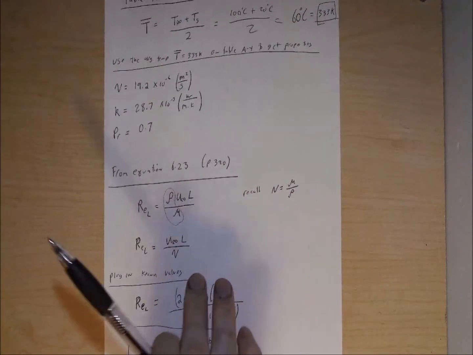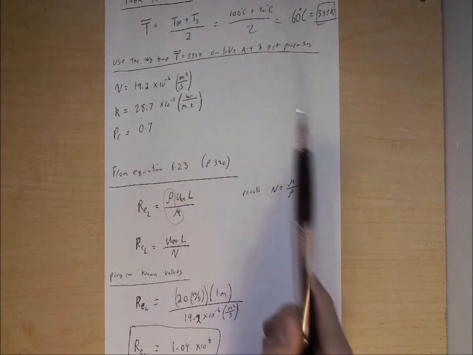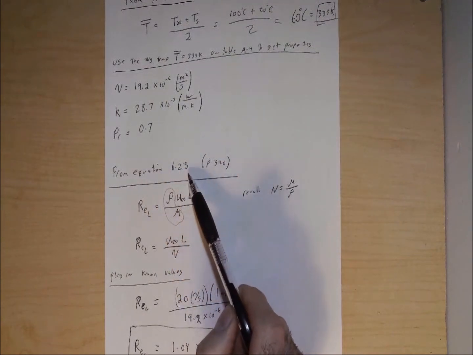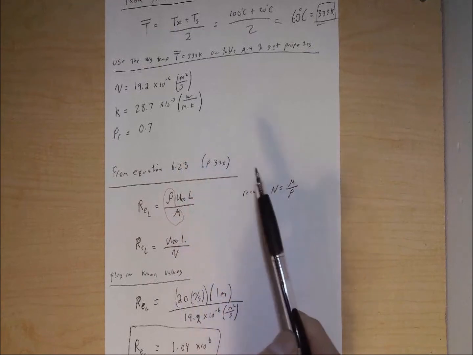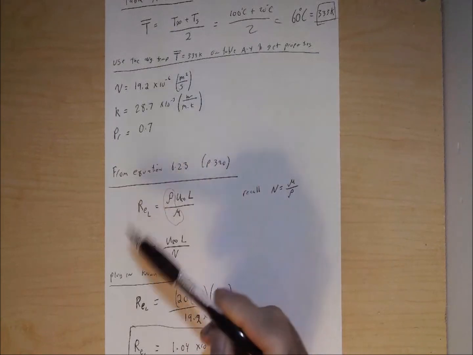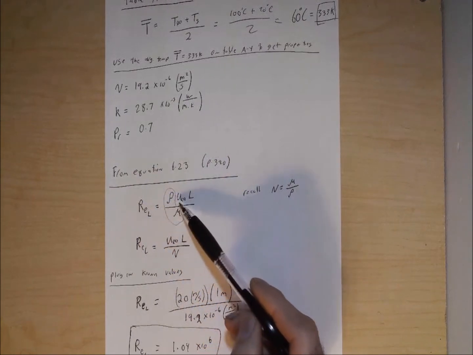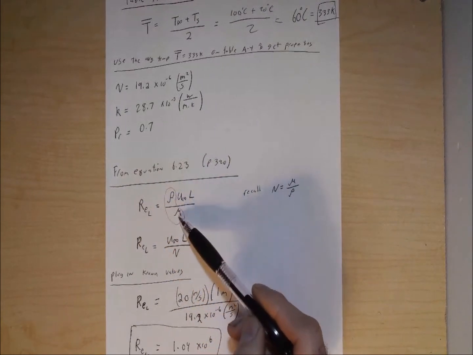With this information gathered from table A4, our next step is to take a look at equation 6.23 in our textbook on page 390. We have Re sub L is equal to rho times U sub infinity times L over mu.